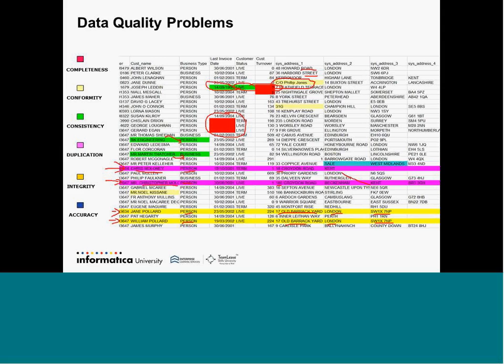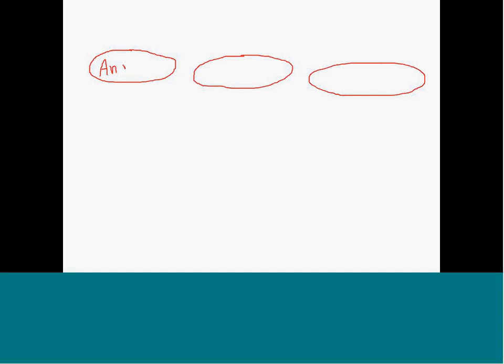So what Informatica does here is help us to take a collaborative approach. We provide you with three roles to talk about. The role number one is called analyst. Another role over here is what we call the steward role.